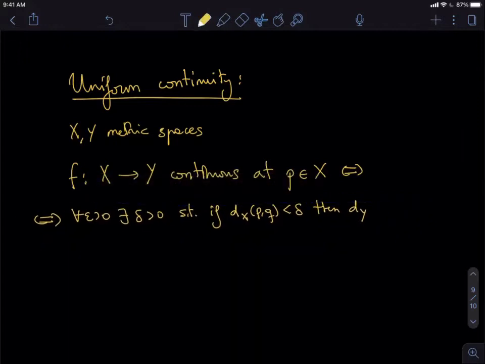Then the distance in Y between f of P and f of Q is less than epsilon.